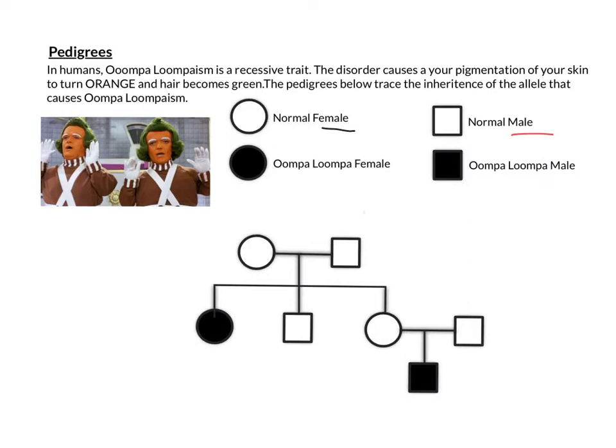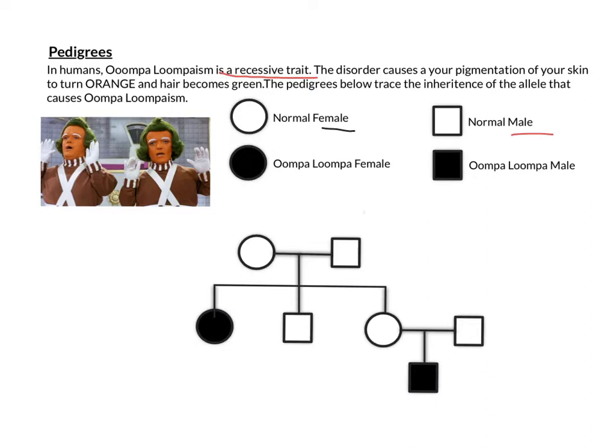When you're looking at a pedigree, you first need to figure out what the recessive trait is and what the dominant trait is. Being an Oompa Loompa means you are recessive, and normal skin pigmentation is fine. You look like a normal person.